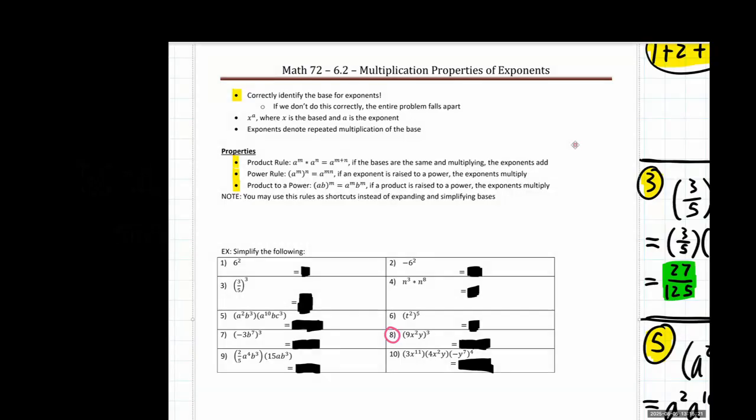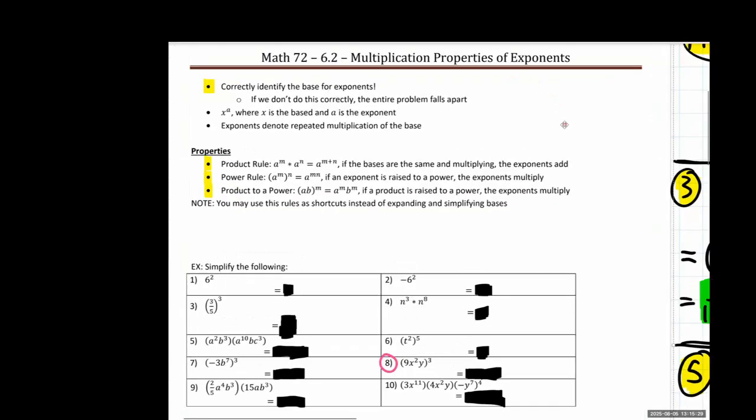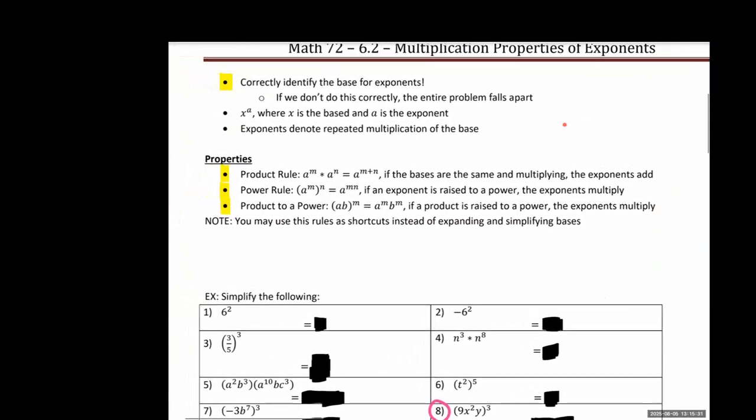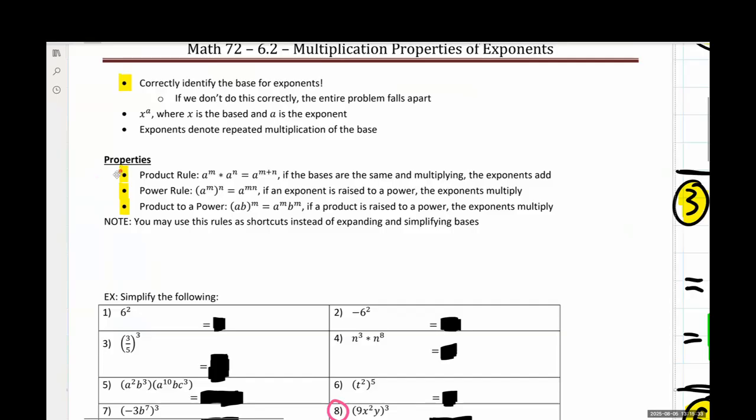So picking up where we left off with the 6.2 material, we were working with multiplication properties of exponents. As a quick reminder, we were focusing on these three main properties here: the product rule, the power rule, and the product to a power rule.